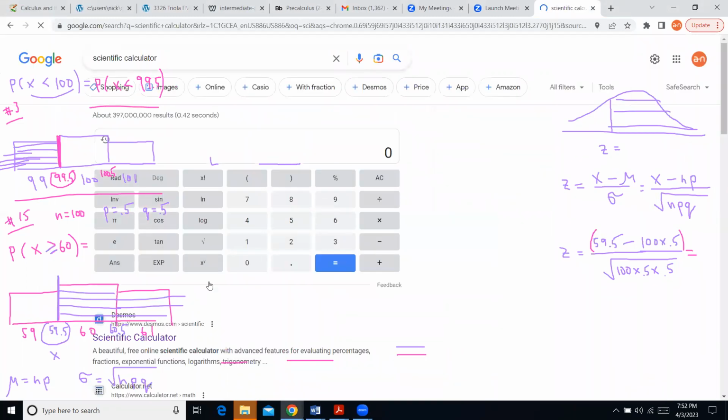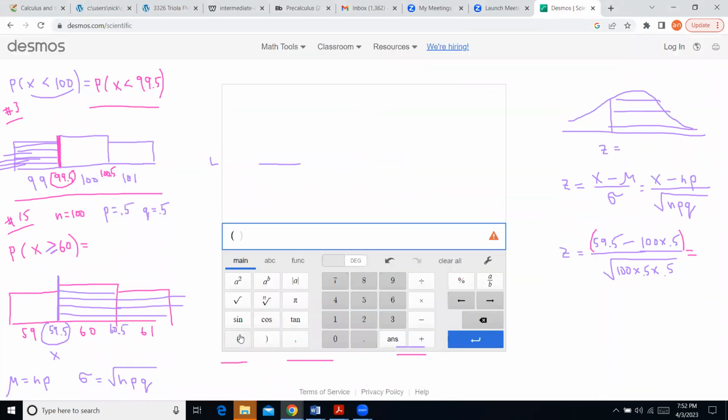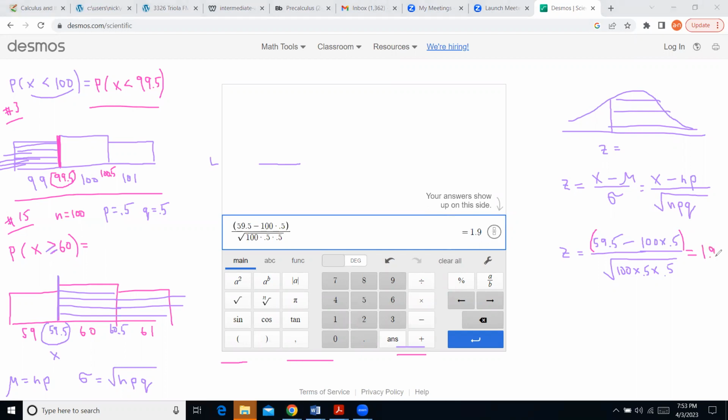You just select Desmos, the favorite, and now carefully enter these numbers: 59.5 minus 100 multiplied by 0.5, and then divide this by a square root extracted from 100 times 0.5 times another 0.5. So I've got a z-score, a nice number, 1.9.